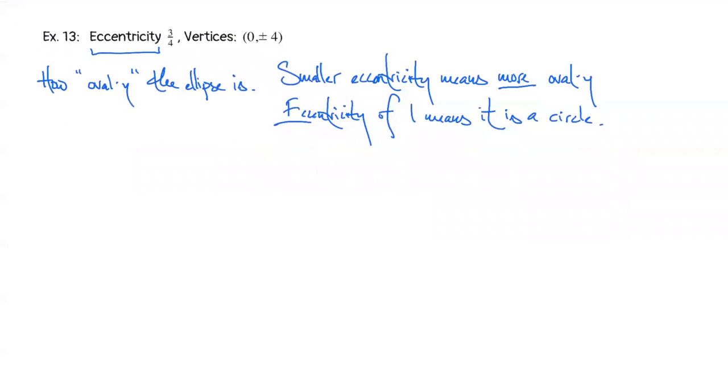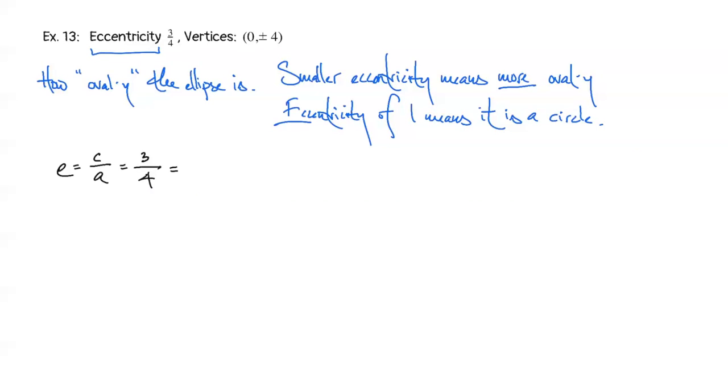Now, eccentricity is the ratio of c over a. But that means in this case, maybe c was 3, maybe a was 4.